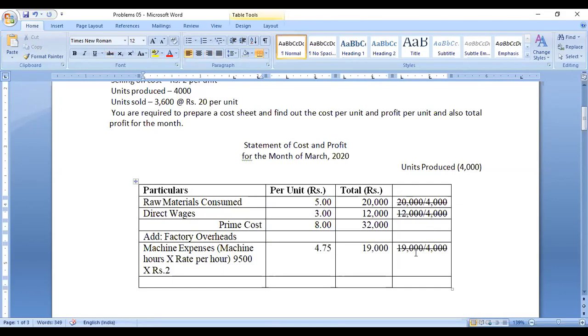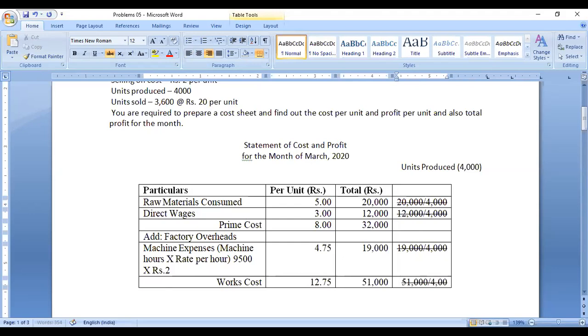Now the total of these two amounts is called the works cost. Works cost is calculated as 8 plus 4.75, which is 12.75. In total, 32,000 plus 19,000 is 51,000.